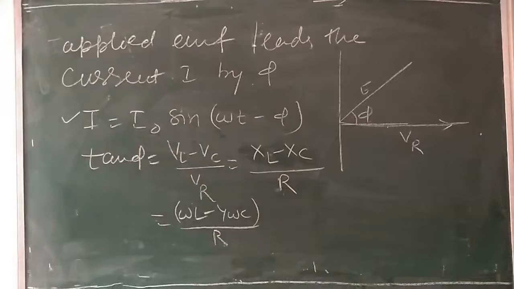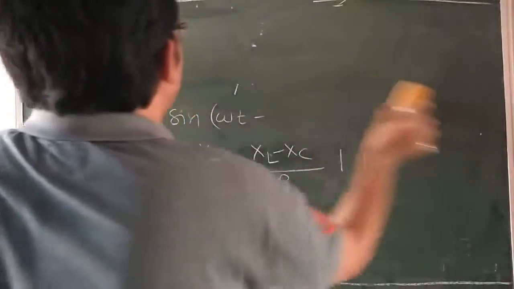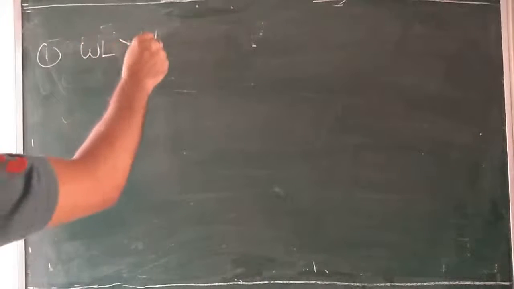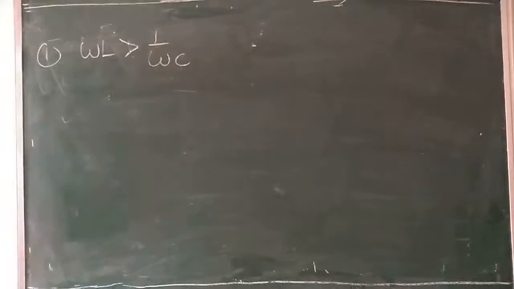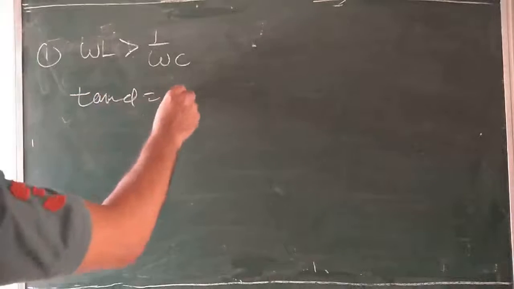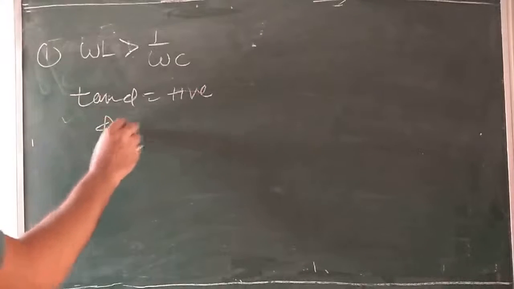Now we can see three different cases. First one, when omega L is greater than 1 by omega C, then I can write tangent of phi is positive. So phi is positive.